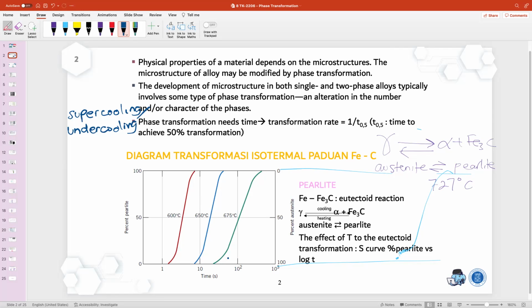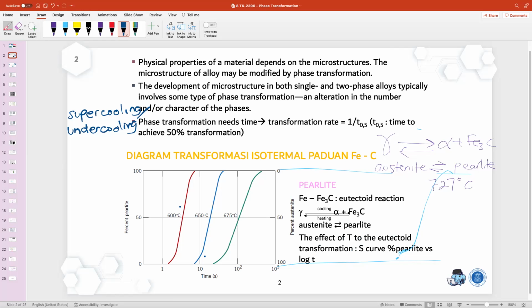For example, if the green one is 675 degrees Celsius, then this one is at maybe 650 degrees Celsius, or at 600. Just examples. Maybe we can make it lower also. It depends.